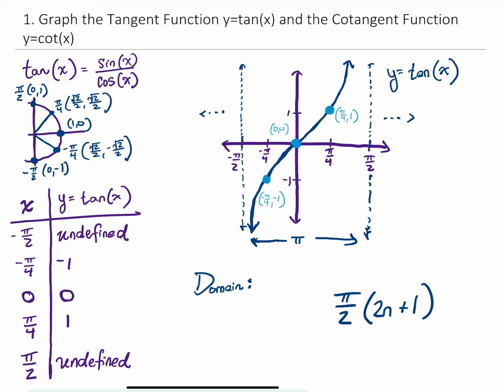If I plug in 2 for n, I would get 5. So notice we're jumping to the odd multiples. And if I plug in negative 1, I would get negative 1, negative 2 would give me negative 3, and so on. So I can say this statement captures all odd multiples, but I need to also define what n is. n is an integer. We don't plug in any fractions or decimals here.